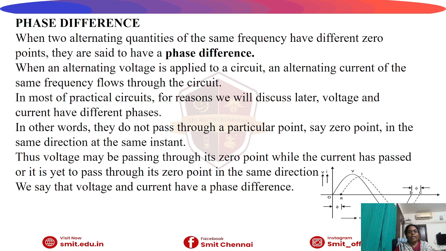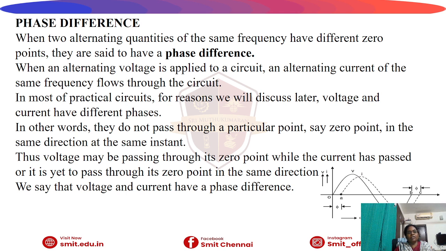Next, the phase difference. When two alternating quantities of the same frequency have different zero points, they are said to have a phase difference. When an alternating voltage is applied to a circuit, an alternating current of the same frequency flows through the circuit. In most practical circuits, for reasons we will discuss later, the voltage and current have different phases.